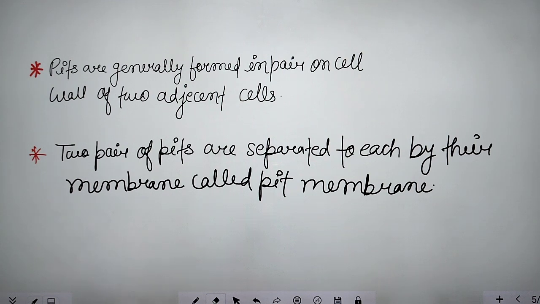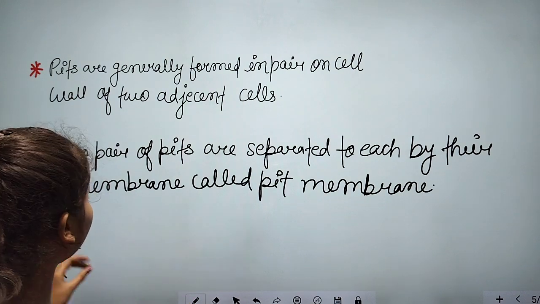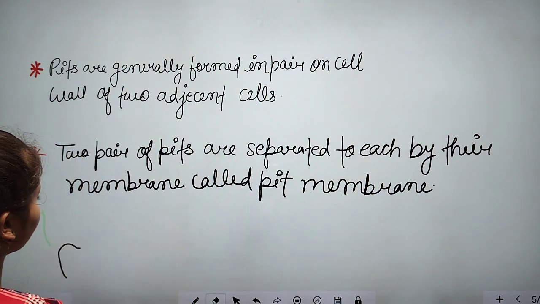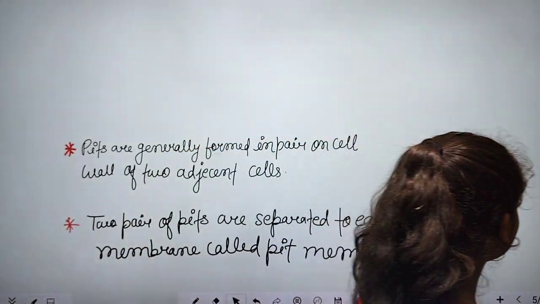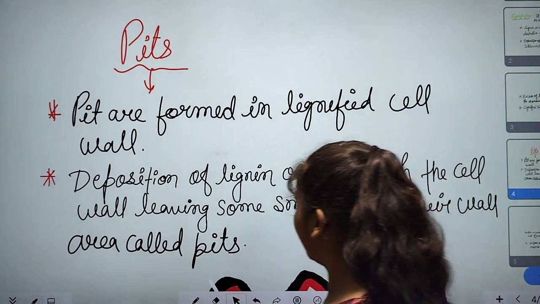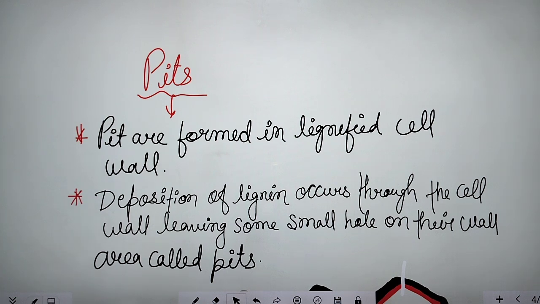So this is all about the pit, which is formed only in the lignified cell wall, due to deposition of lignin through the cell wall leaving some holes on the wall area called pits.